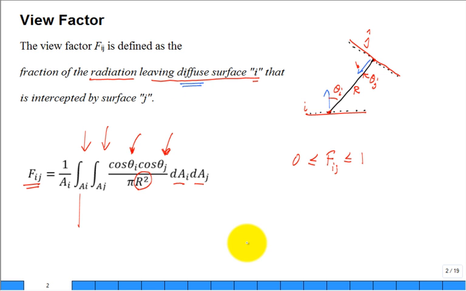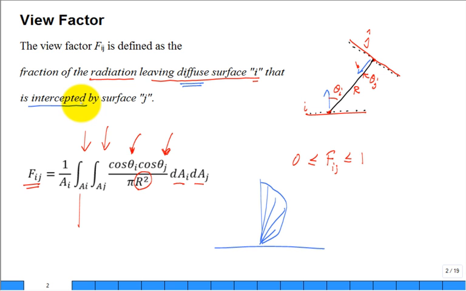If I say a diffuse surface, maybe the image of this comes into your mind, where a lot of the photons are going off straight up, and fewer are going at shallow angles off the surface. Okay, this was a concept in the previous chapter, and it doesn't say what they do other than they impinge on, or are intercepted by, surface J. They travel in a straight line and then they go there.